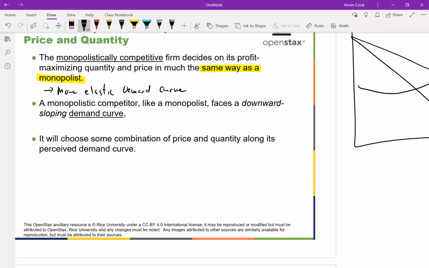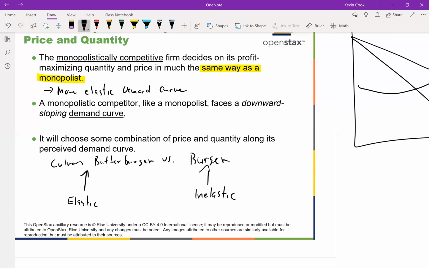If I think about a certain brand's product, like a Culver's Butterburger, versus just a burger in general, the product that is more specific is going to be more elastic, whereas the product that's less specific will be more inelastic.